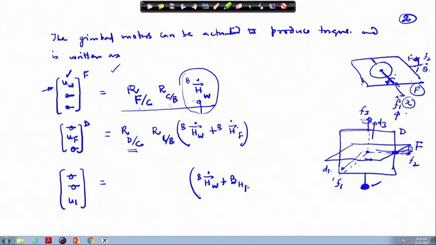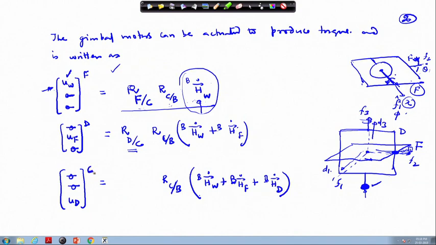And B H F dot, and another one B H dot for the D frame, and this has to be converted from C to B. Thereafter, we do not need to convert it, because this motor, if we see here, we have written this as the U d.